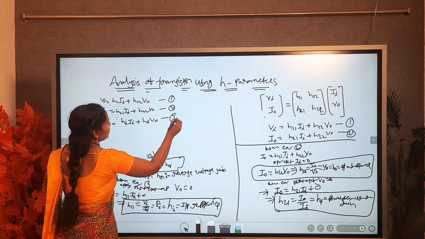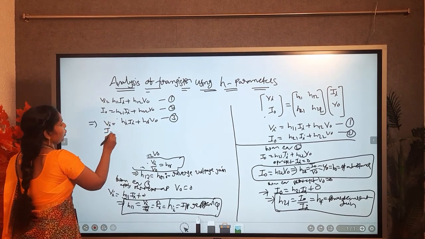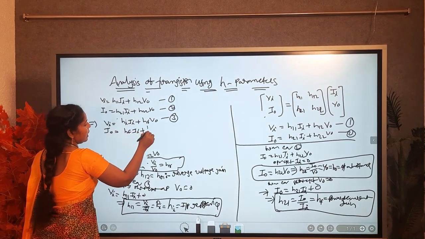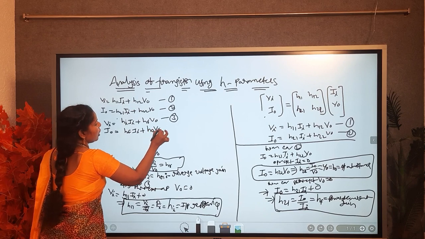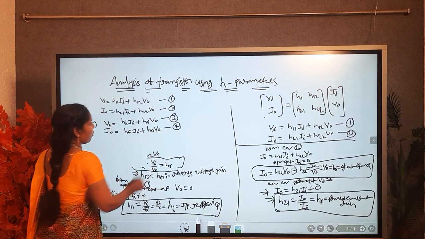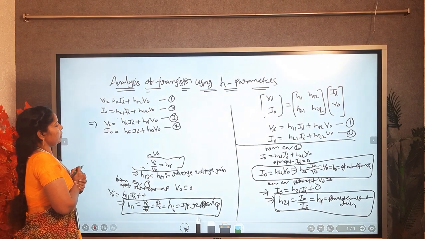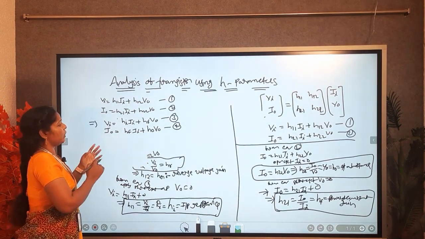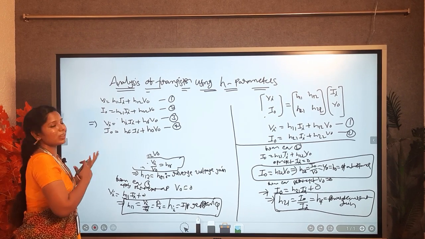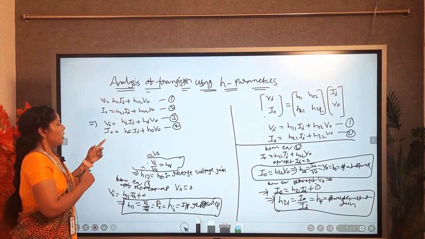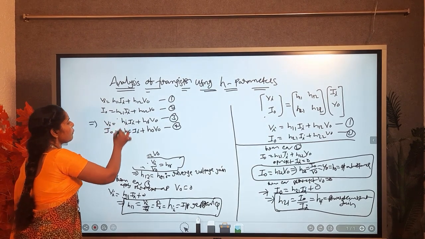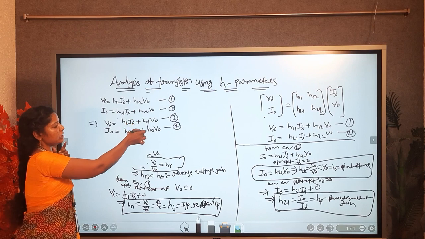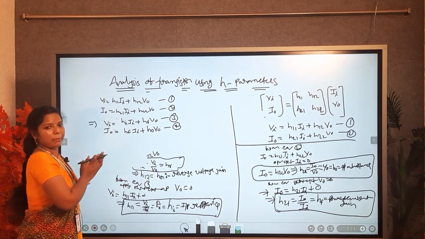Put it as equation number 3. I naught equals HF into II plus H naught into V naught. Put it as equation number 4. If you have to analyze this transistor, you have to draw the equivalent circuits. You have to put the values HI, HR, HF, H naught in equations 3 and 4.